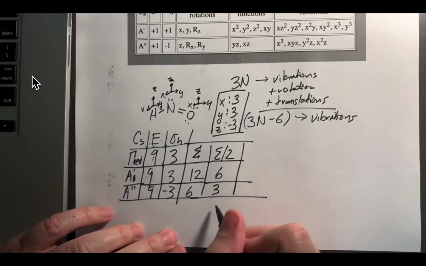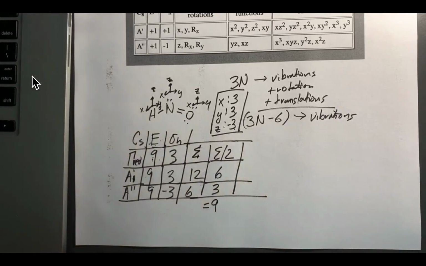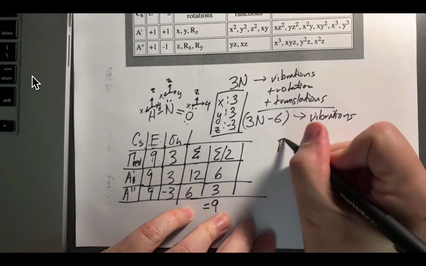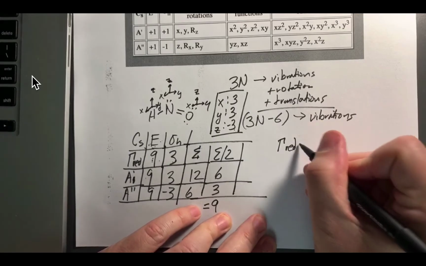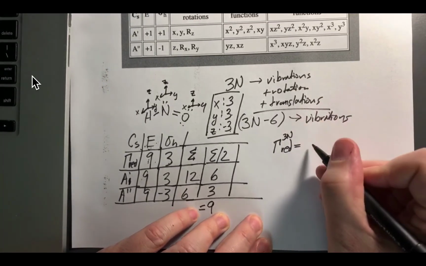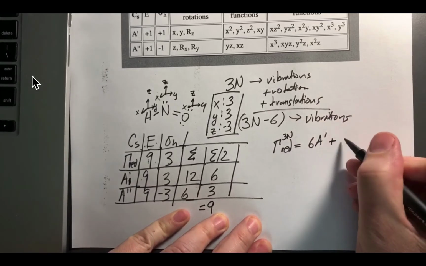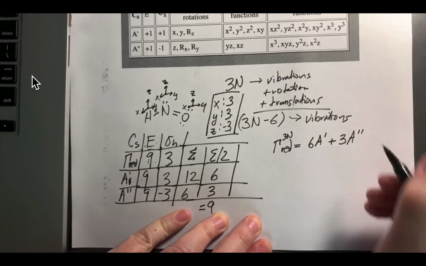And this sums up, 6 plus 3 gives me 9. So 9 total motions of the molecule right now. All right, so gamma red, that's for a 3N, is 6A prime plus 3A double prime.